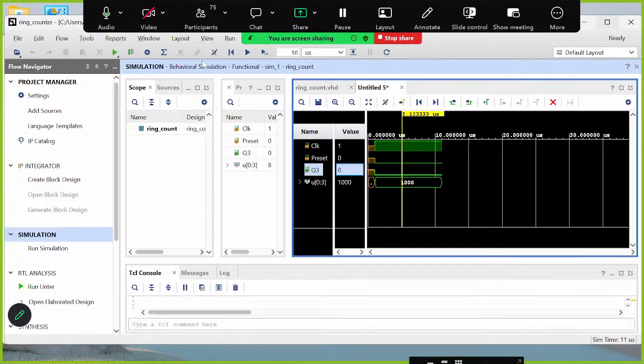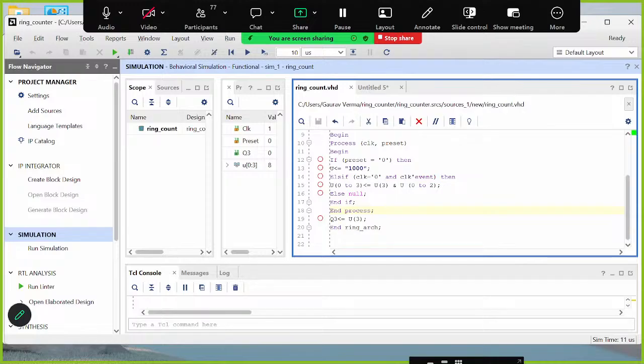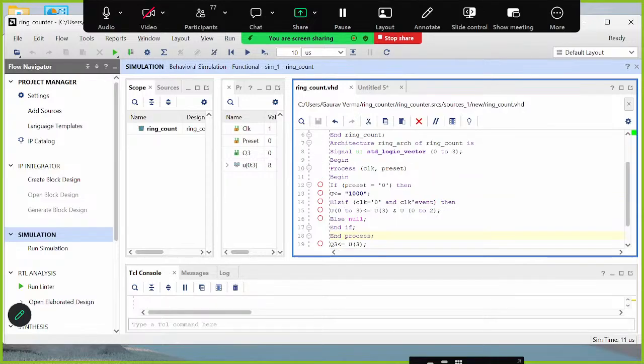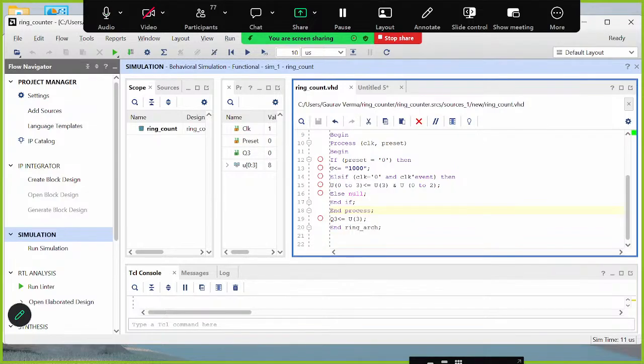So generally in signals, what is the problem? In signals, the value is updated at the end of the process. Because we have defined U as a signal in the code instead of a variable, whereas a variable will update its value instantly, meaning whenever you write this statement, it is updated at the same instant in U. But when you use signals, the values of U, not just U of 3, all these values will be updated at the end of the process.